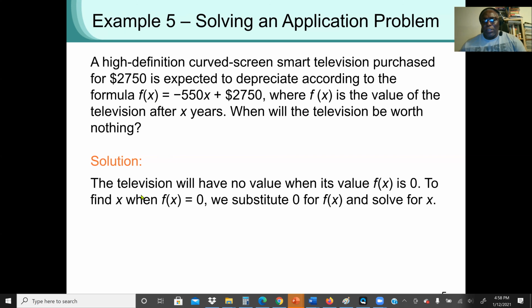So here we say that the television will have no value when its value f(x) is 0. Now to find x, again, x is the number of years. So when will it be worth 0? All we need to do is assign f(x) equal to 0.